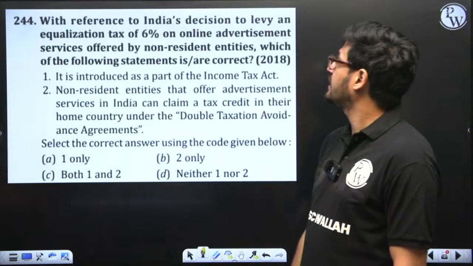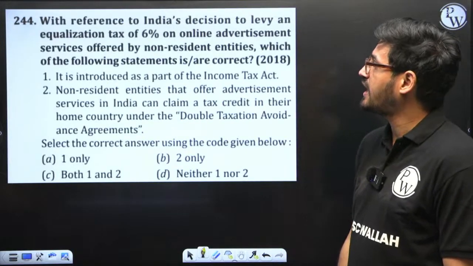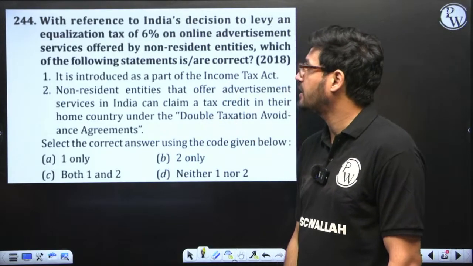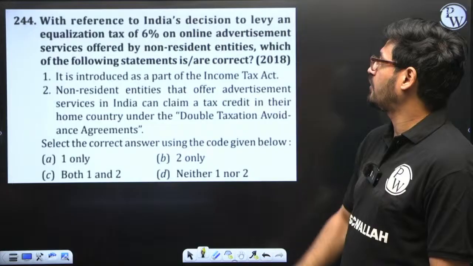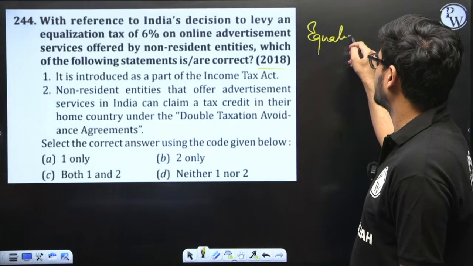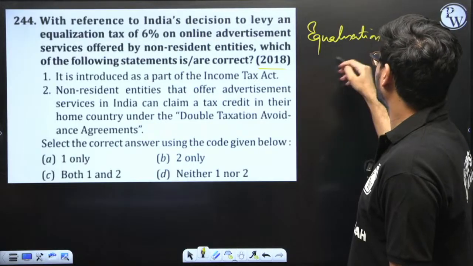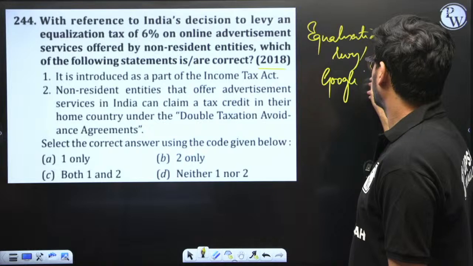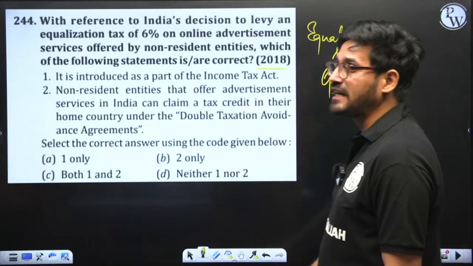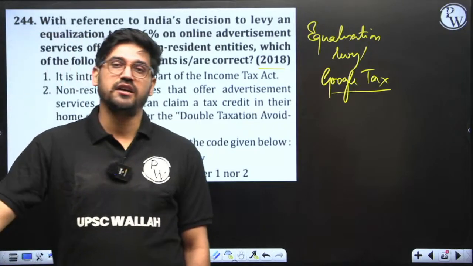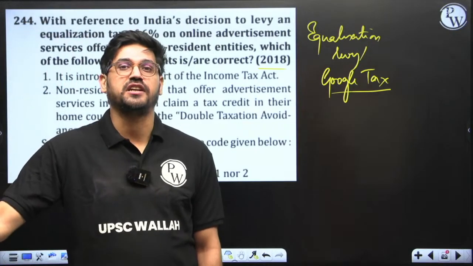With reference to India's decision to levy an equalization tax of 6% on online advertisement services offered by non-resident entities, which of the following statements is or are correct? This is about what is called the equalization levy, also popularly called the Google tax. The idea is many of those companies which are not registered or incorporated in India may derive their source of income from Indian sources.